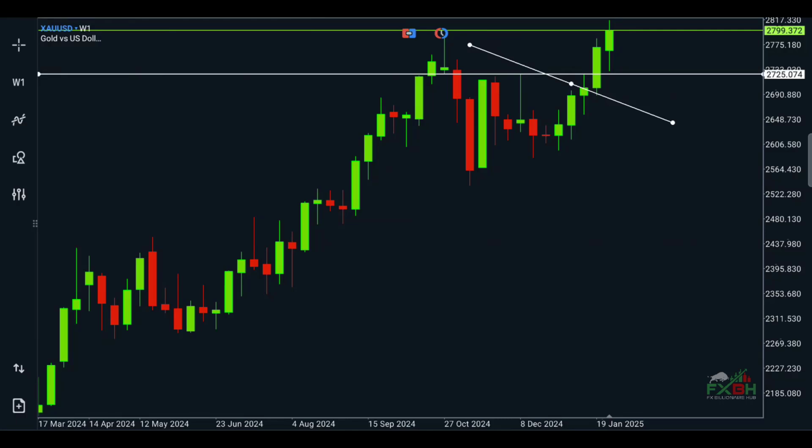If we draw a trend line around that area, as per our last week analysis, market was around this area, and we told that market is going to buy because there is a breakout and market already closed with buy entry.